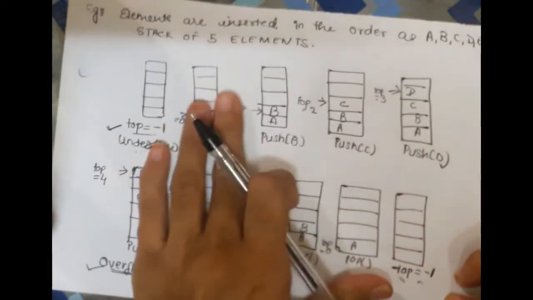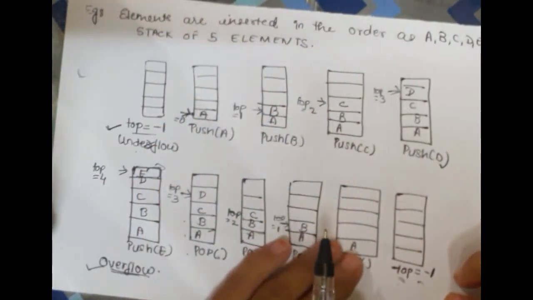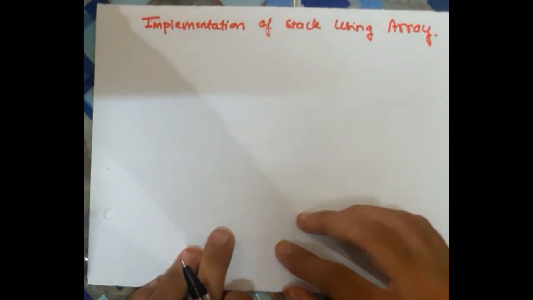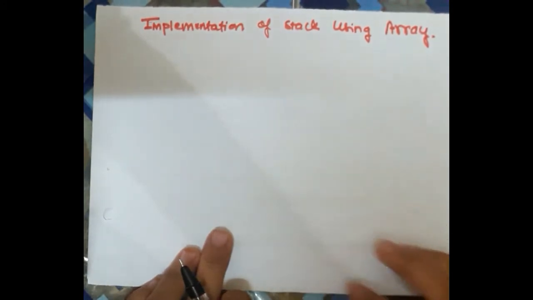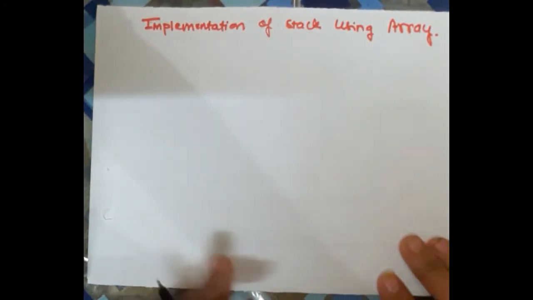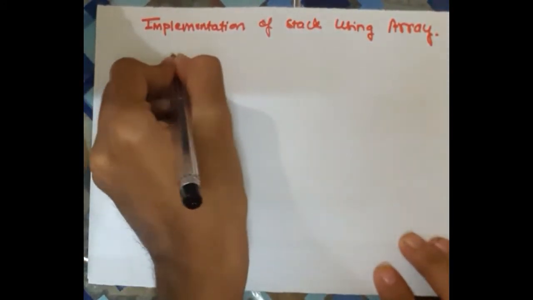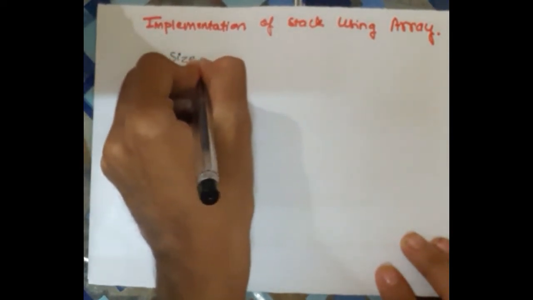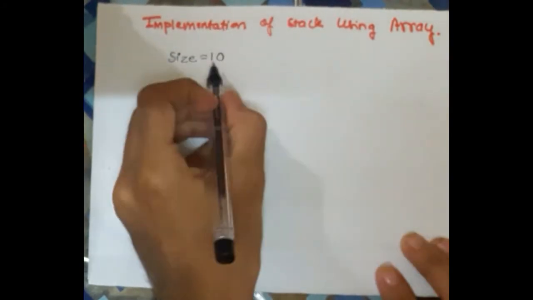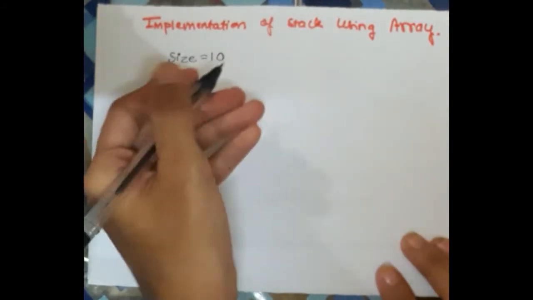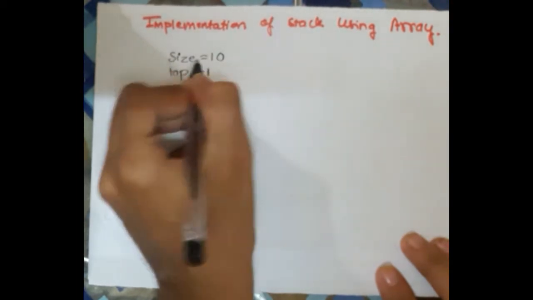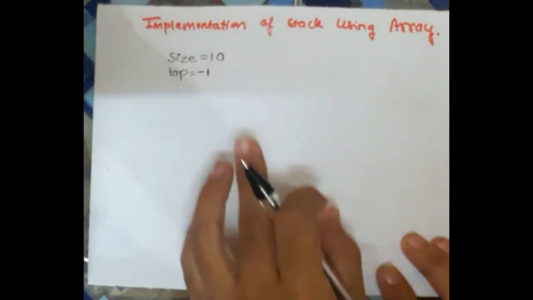Now the most important part is the implementation of stack using an array. The first operation is the push operation, and in this we need to give the size of the stack before performing insertion. Okay. So now size equals 10, which means a maximum of 10 elements can be inserted, and the initial condition is top equals -1.